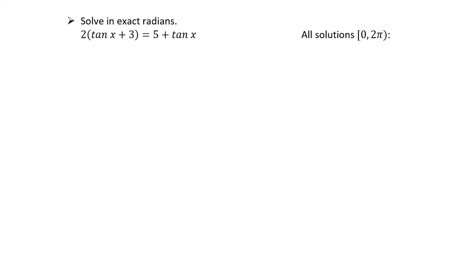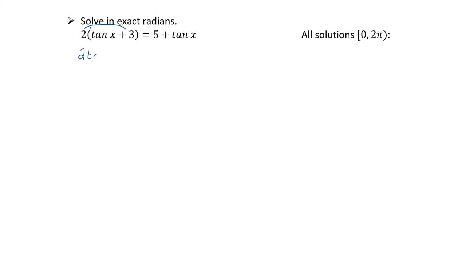Solve in exact radians. Here I have 2 times the tangent of x plus 3 equals 5 plus tangent of x. So the first thing I'll need to do is get my tangent of x all on one side. Let's go ahead and distribute this 2 to both of those terms.